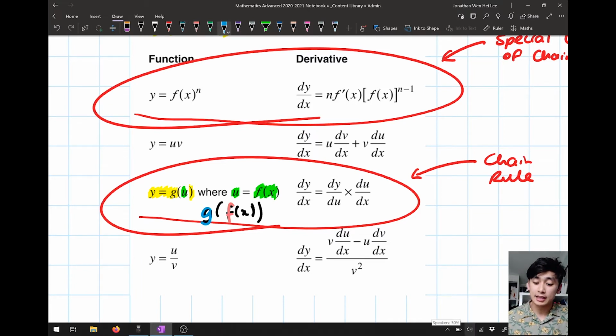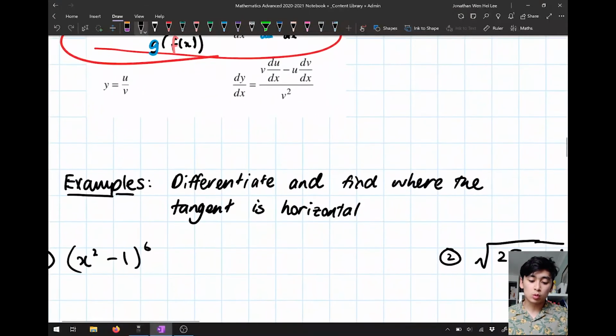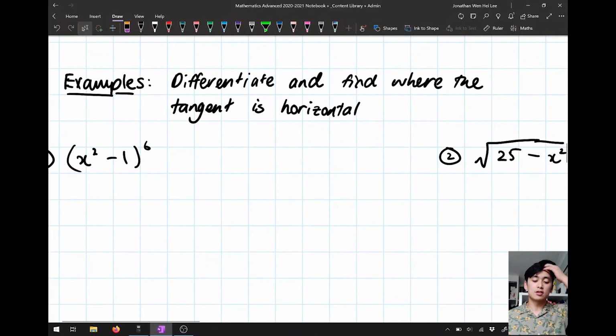And so I need to differentiate the outside function, which is this first part here, dy on du, and then multiply that by the derivative of my inside function, du on dx. And that's what we're going to do in these next examples. So let's have a go at a few examples of this. Now this one, the question is asking us to differentiate and find when the tangent is horizontal.